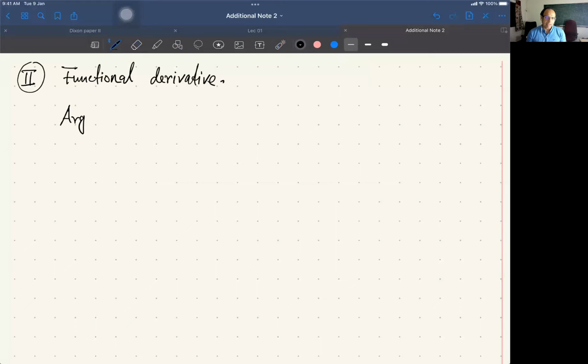The domain is an entire function in an ordinary space, for example, in real line or something. So the argument is a function x of t, the entire function x of t, which is also the same as x within a square bracket.